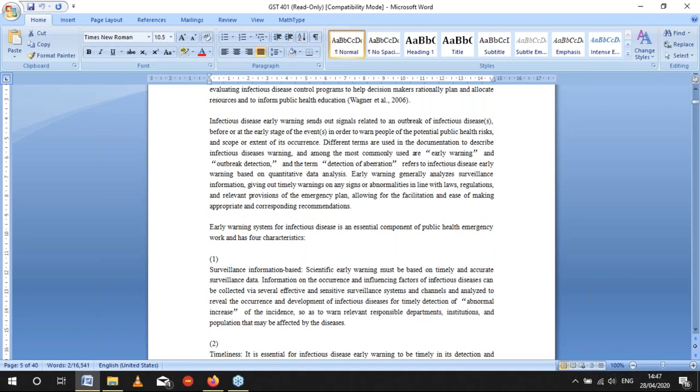Like, for example, we are having coronavirus disease globally. There are daily warnings as to what we must do to protect ourselves.